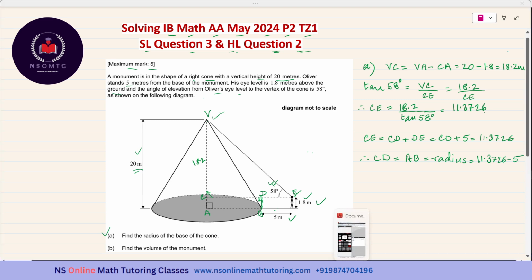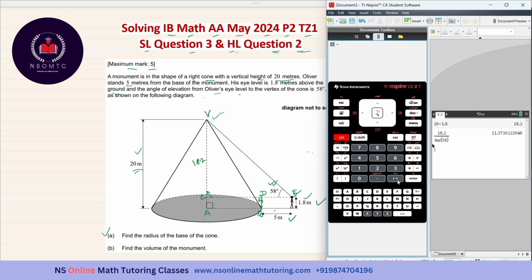Enter. It is 6.3726. I'm taking up to 3 significant figures, but for subpart B I'll be calculating the volume.